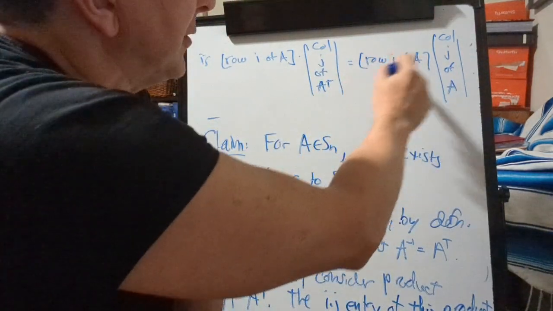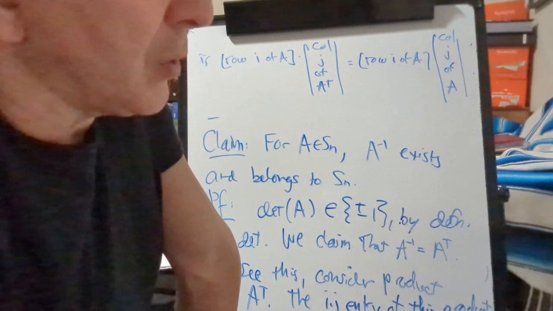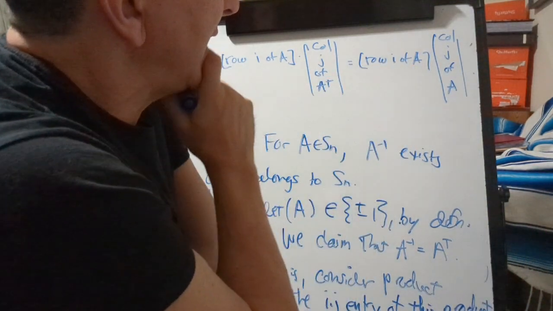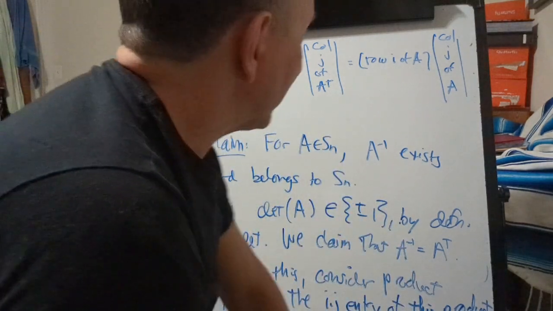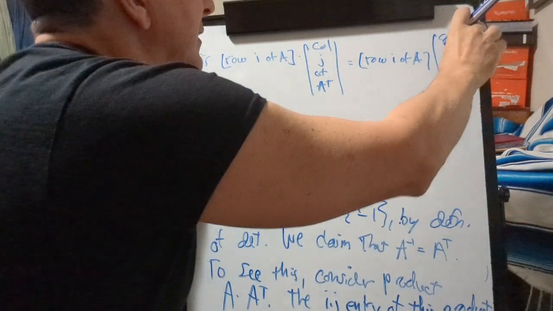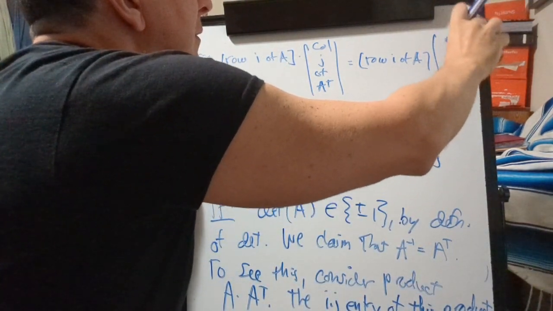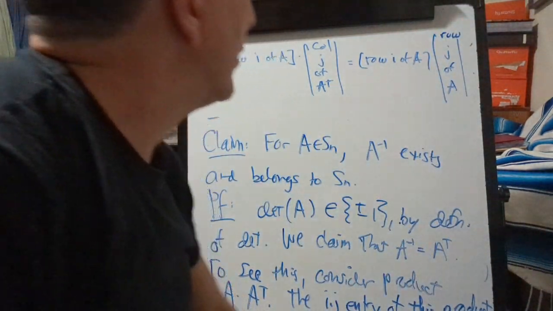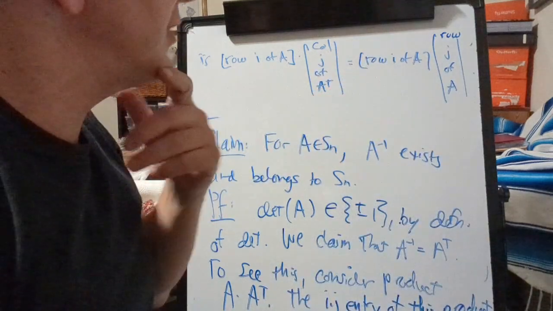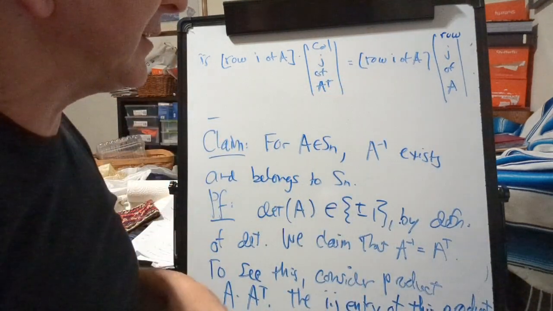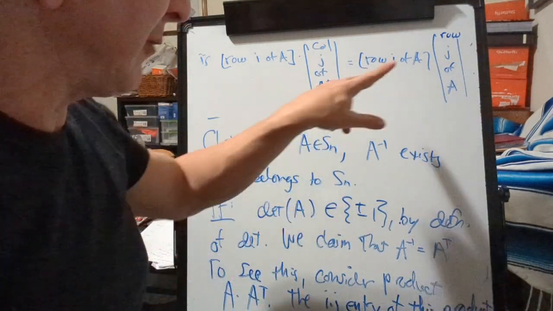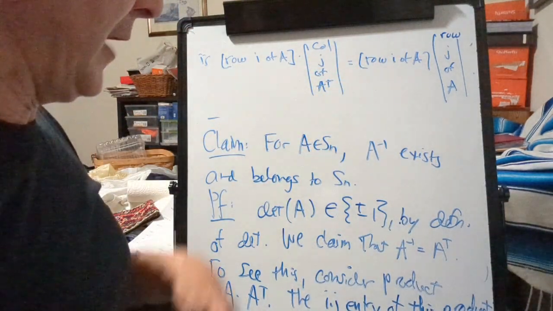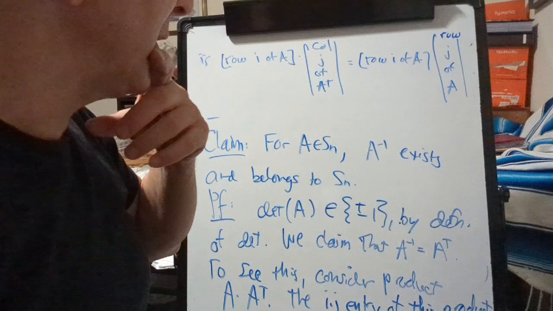Now each of these vectors has exactly one 1 in it and all zeros. So row I of A and row J of A are going to have ones in different positions if they're different rows. And they're going to have ones in the same position if it's the same row.